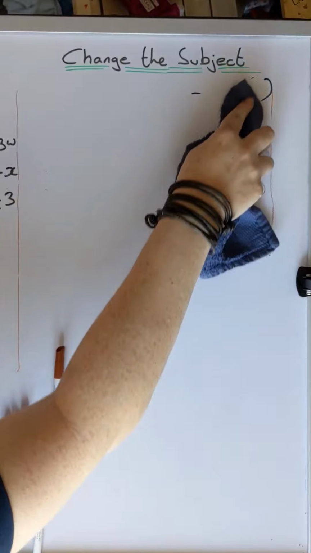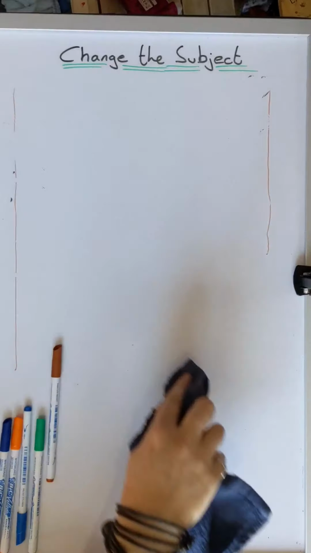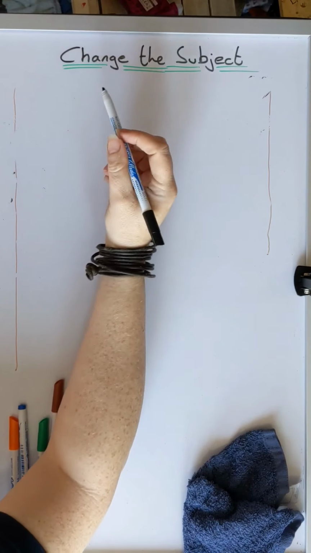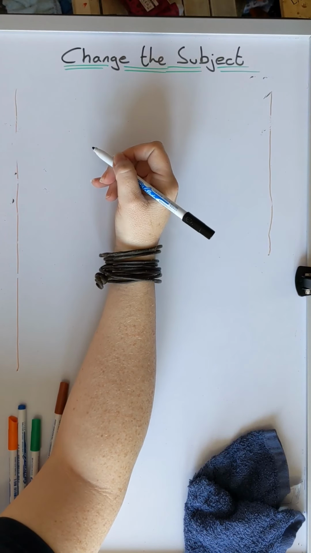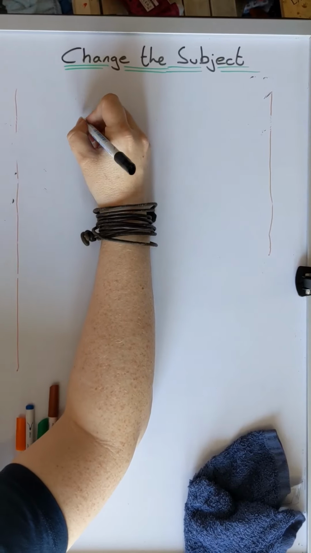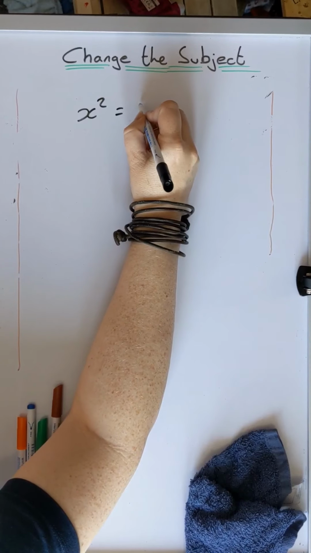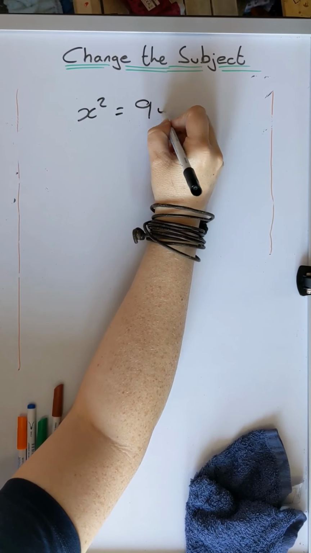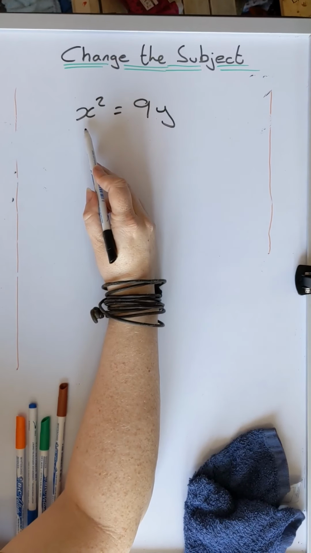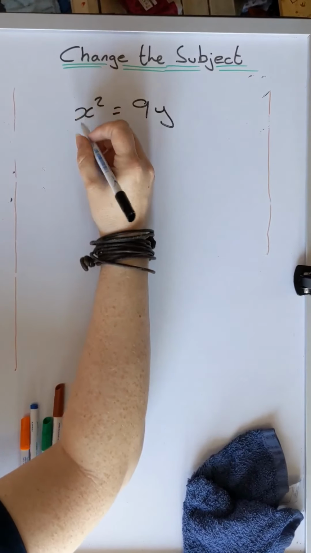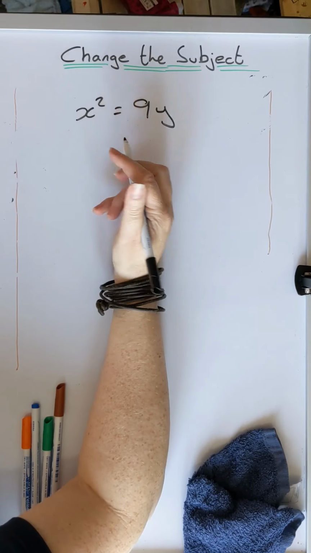Right. And let's take this up another notch. So far we've dealt with multiply, divide, add and subtract. How about we look at squares? So if we have x squared equals 9y, and we're wanting x on its own, what we would do would be the opposite, the inverse of x squared, which would be the square root of x.